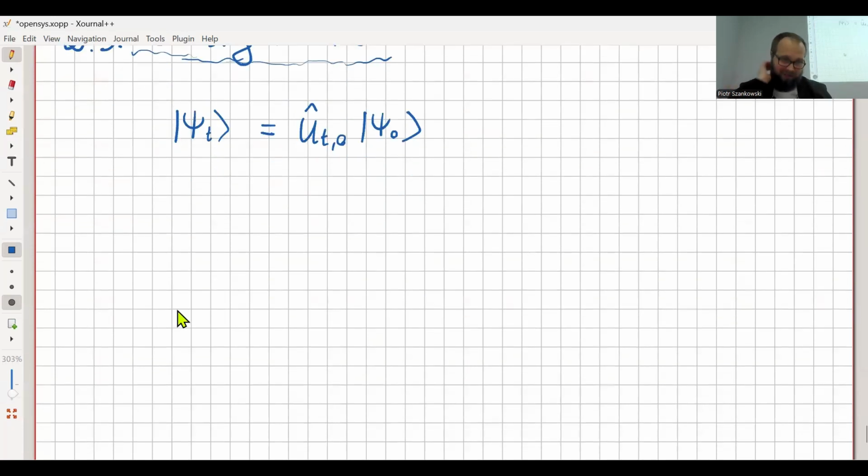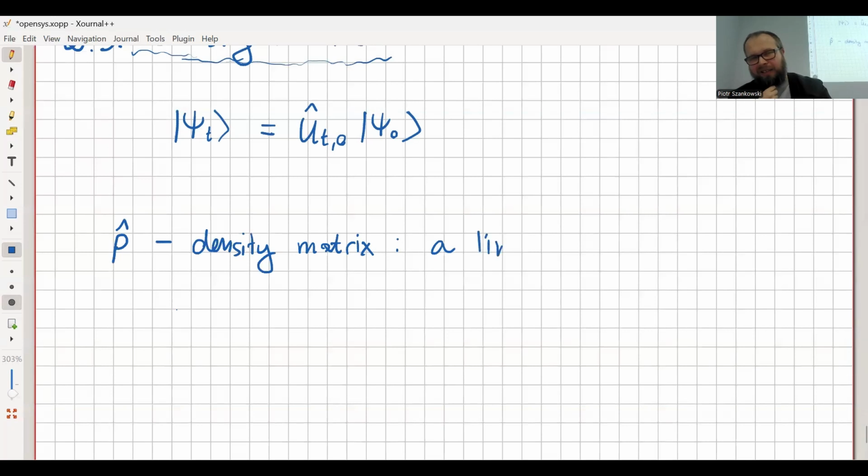It turns out you need something more, something that's called density matrices, which are rho, density matrix, and it is a linear operator. So a matrix on our Hilbert space where our kets live, okay?